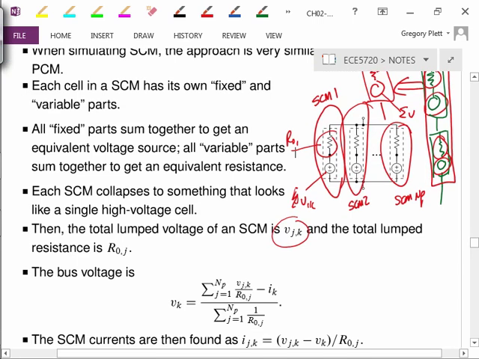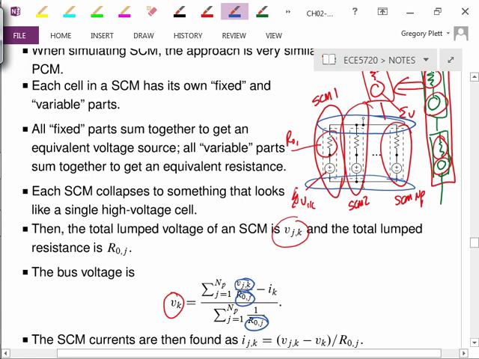Using exactly the same equations as before, we get a voltage. This is not a cell voltage or a PCM voltage, but instead it's the bus voltage of the SCM, of all the SCMs in parallel. So the difference between those voltages is the bus voltage. And the equation is exactly the same, but different interpretation from before, because these are lumped resistances and lumped voltages in here.